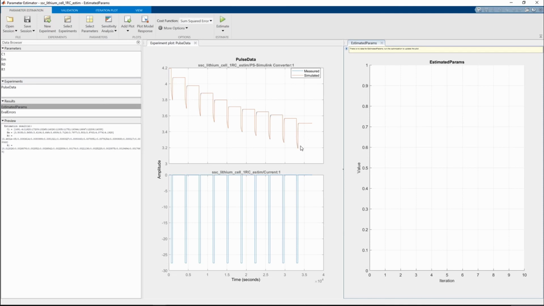If it's still not sufficient, we should change the topology of our battery model and do the parameter estimation again for that circuit. So we have seen how to find the best equivalent circuit and parameters that describe the behavior of a given lithium-ion battery cell. To perform this calculation, we made use of Simulink Design Optimization.